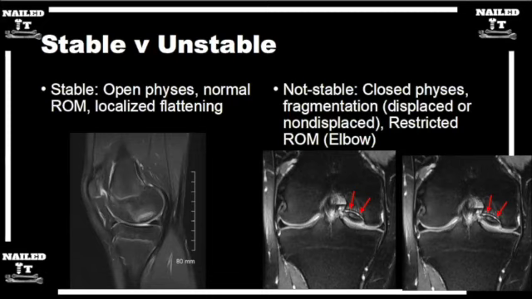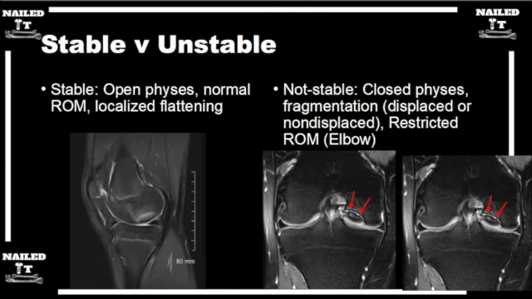Yeah, more commonly, if the physis is open, it's going to be more of a stable lesion. It's not going to have detached or be fragmented as much if they're still going through periods of growth with an open physis, and then more commonly it'll appear on your imaging as an unstable lesion if they have closed physes.